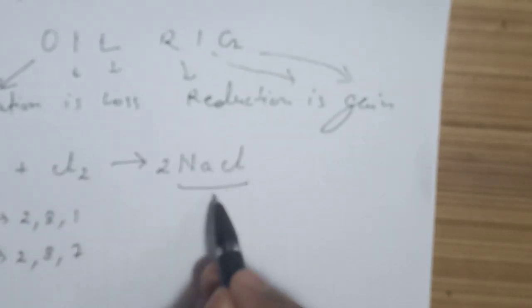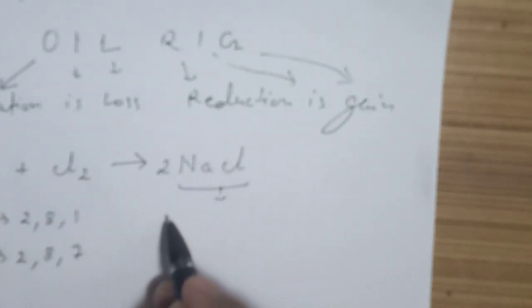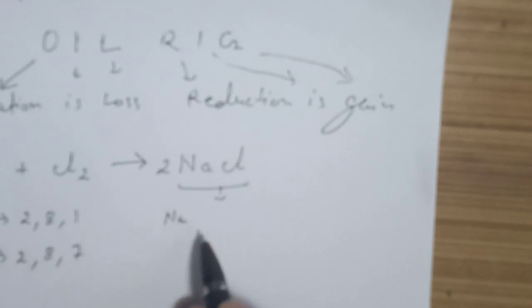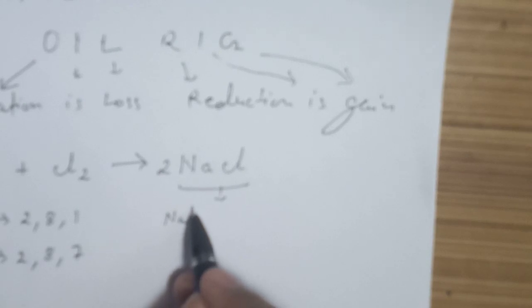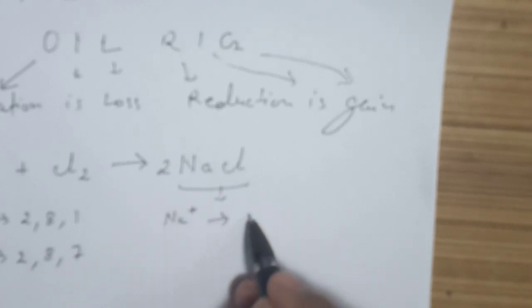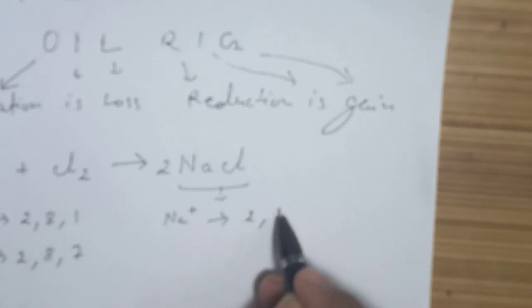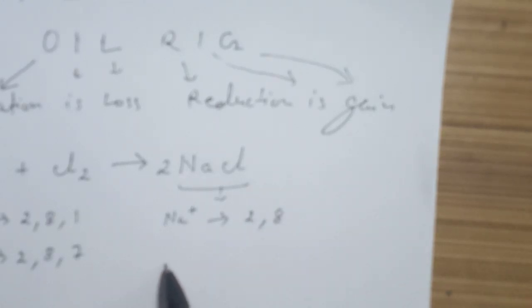But in case of NaCl, Na is in ionic form, that is Na plus, and its electronic configuration is 2 and 8. Chlorine is also in ionic form. It's Cl minus, and its electronic configuration is 2, 8, 8.